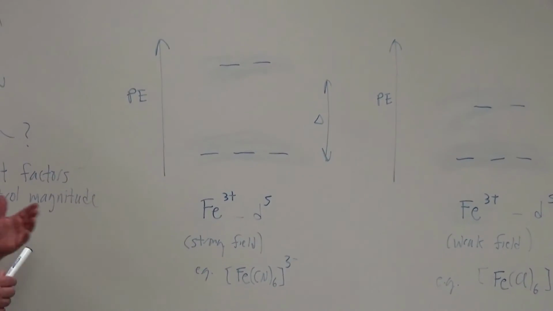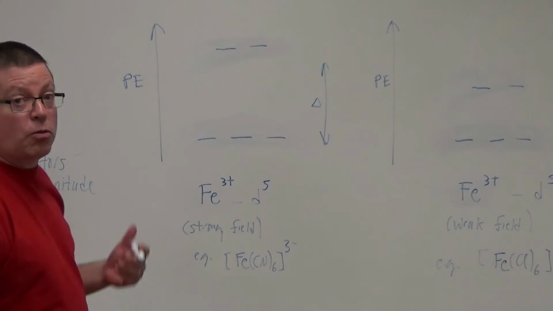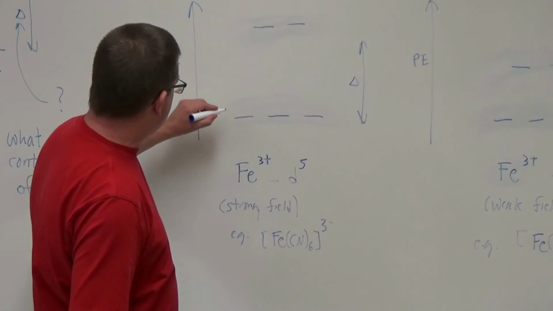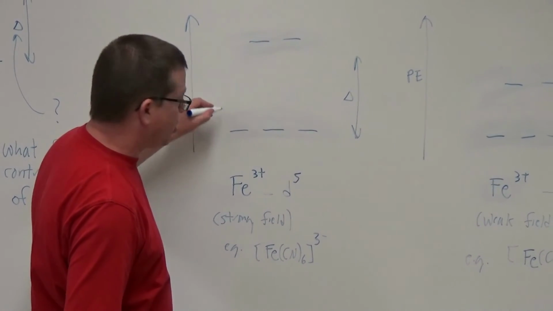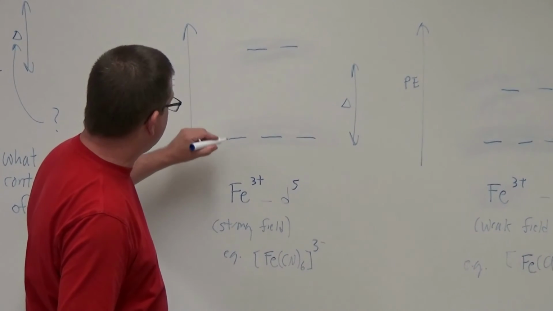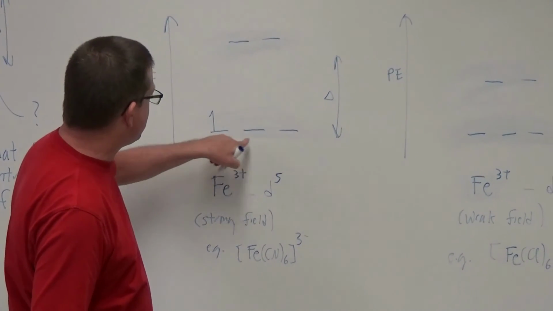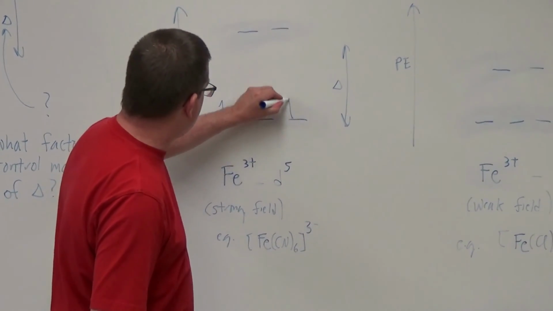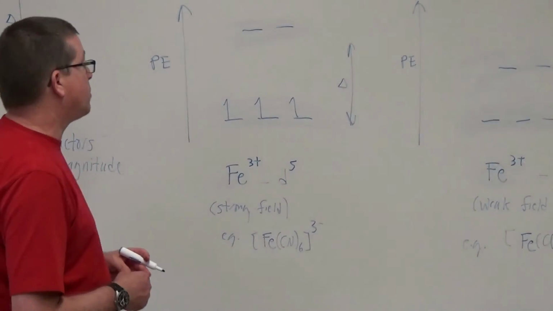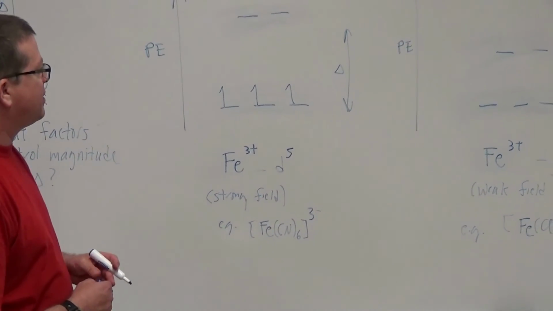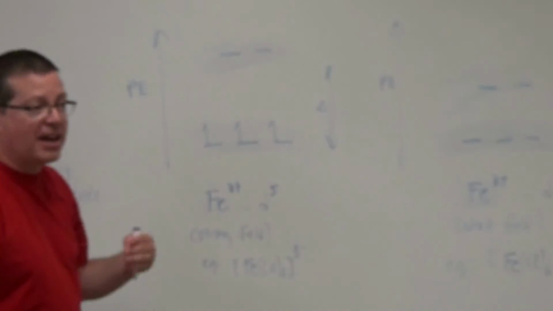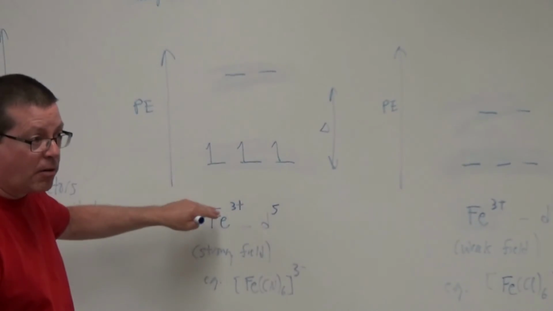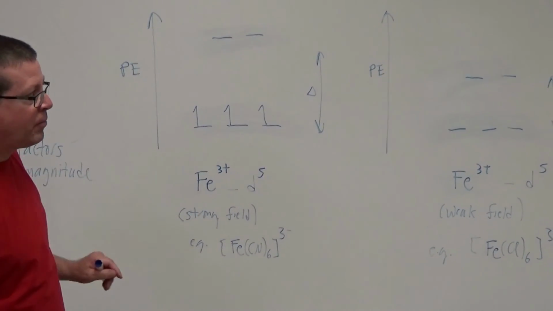So in a situation like this, we need to think about how we're going to best occupy those orbitals. So in the strong field scenario, I'm going to do what we normally do by starting out with the lower energy orbitals. And since these 3 orbitals are degenerate and lying at the same energy, I'm going to put the electrons all in at the same spin, 1 per orbital. Now at this point, since the delta is large, we have to ask ourselves whether or not we're better off distributing first and then pairing, or pairing and then distributing.